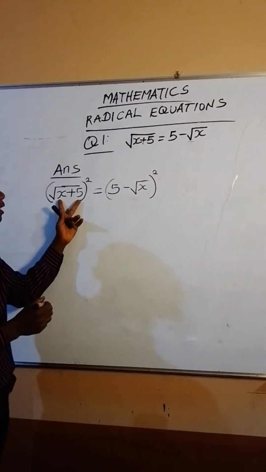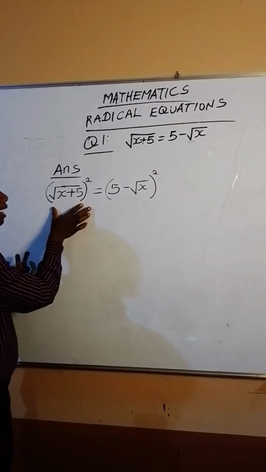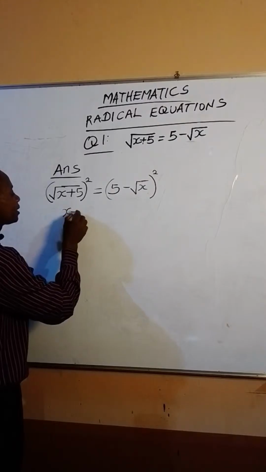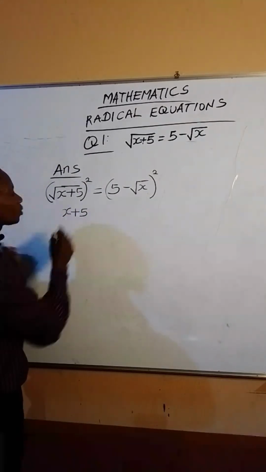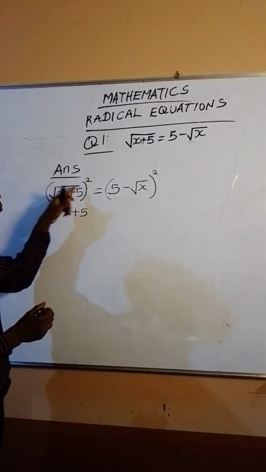If we square the left-hand side, we are going to have x plus 5. The square will cancel the square root.